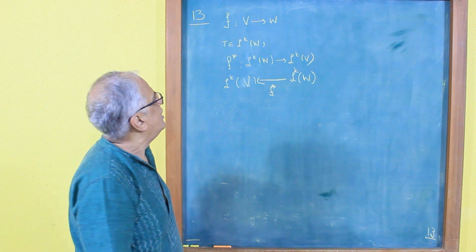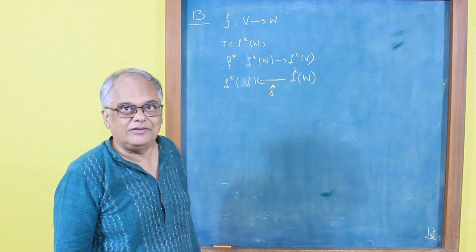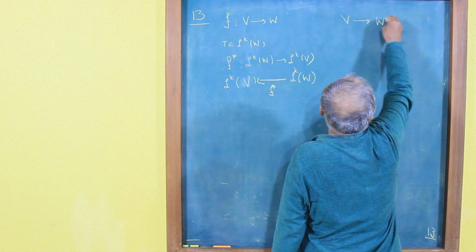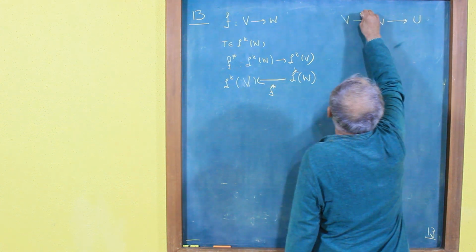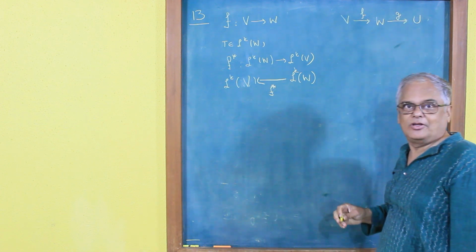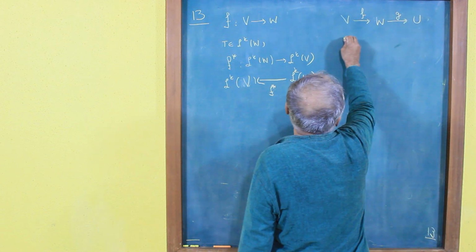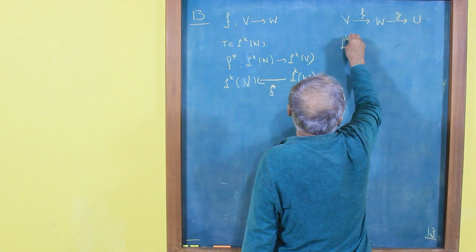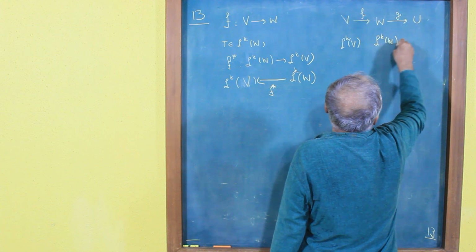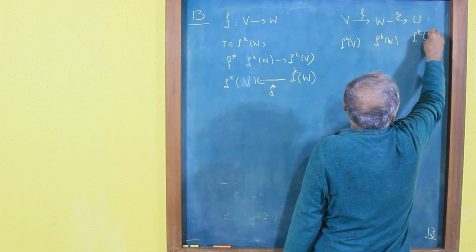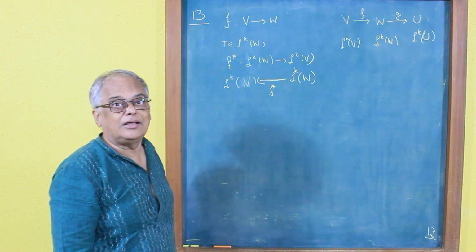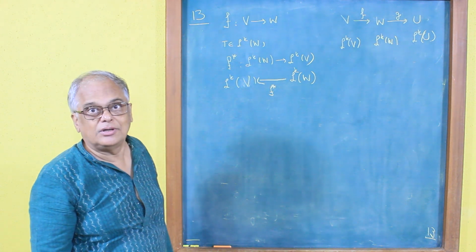And what is happening when you have three functions? We have these three spaces, L^k(V), L^k(W), and L^k(U).